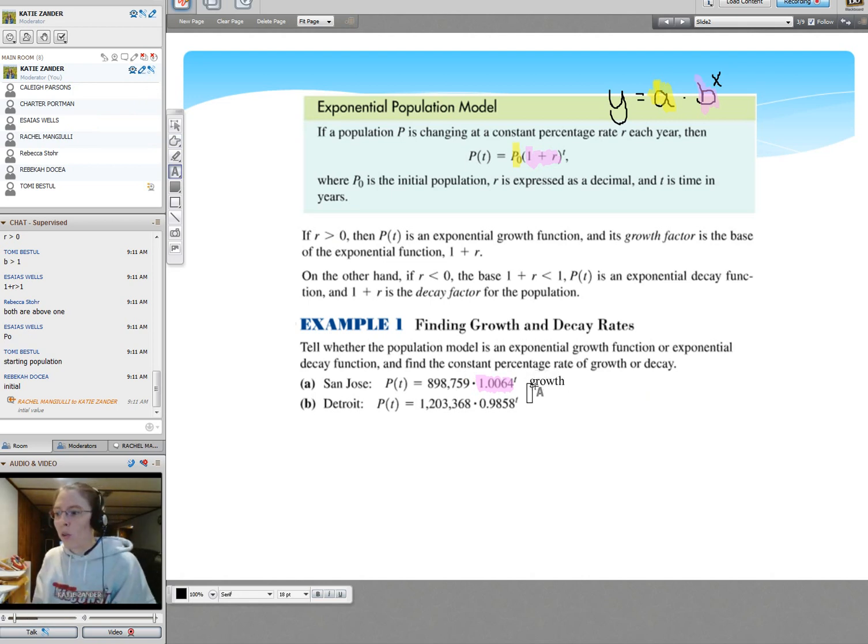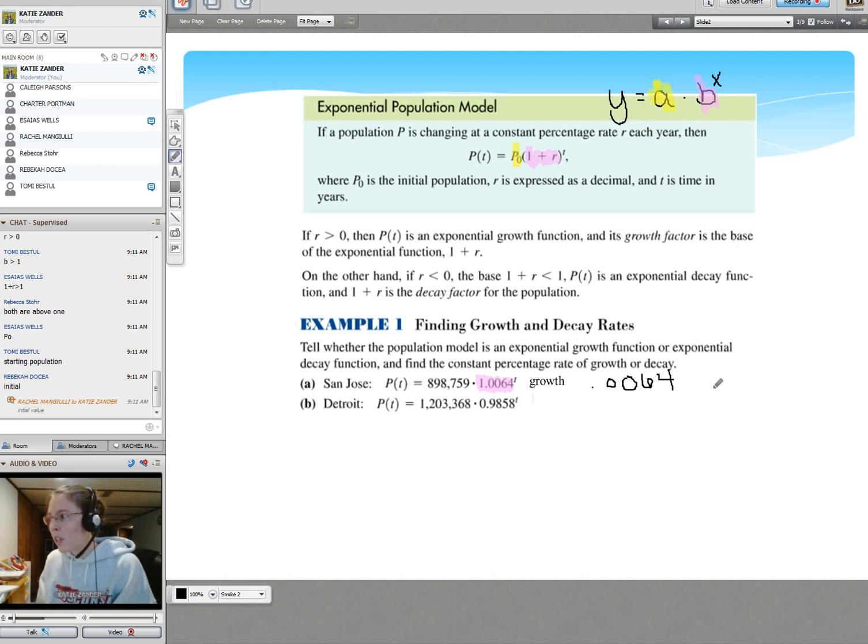Now we just need to find the rate at which it is growing. So to do that, you take that 1.0064, subtract 1 from that, and you'll get 0.0064. 0.0064 is a decimal value. You do need to change that to a percentage still.